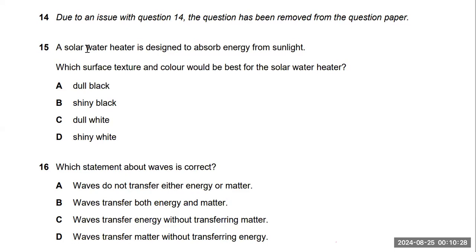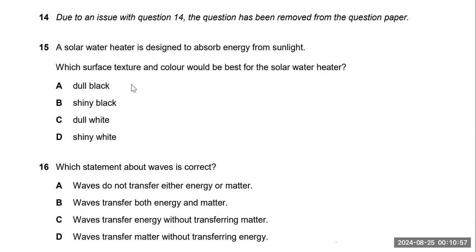In that case, a solar water heater is used to maintain the temperature inside the house. The question is, which texture and color would be best for a solar water heater? It means which color will absorb more heat energy from the sunlight.